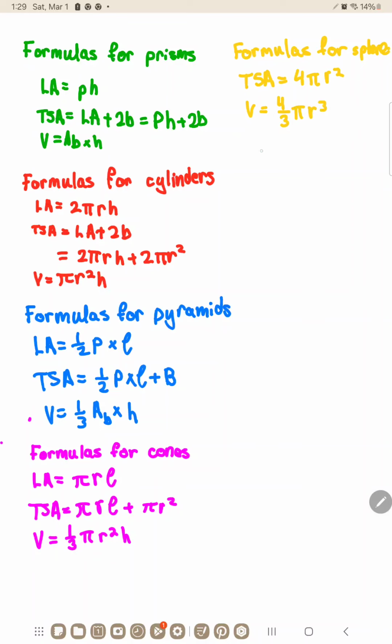And of course we have formulas for the hemisphere. You get the picture of what's going to continue there.